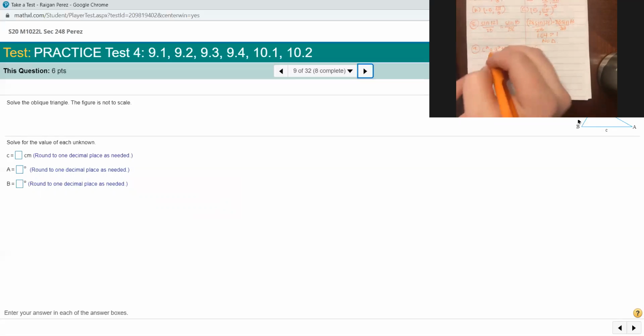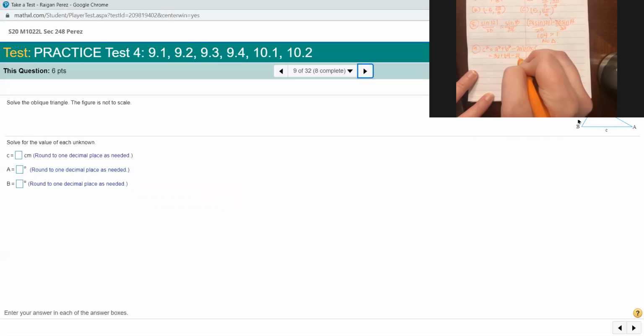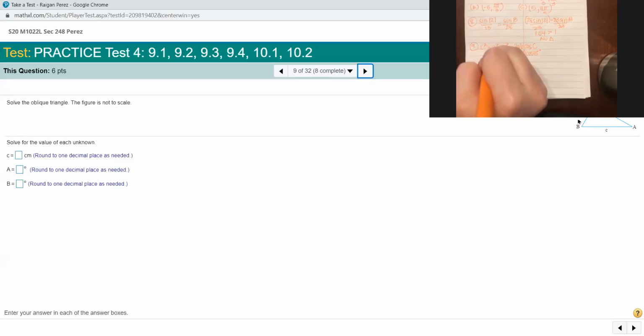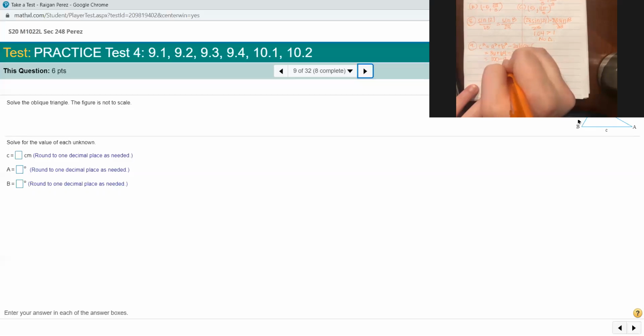I remember it right. So let's plug it in. We got 36 plus 64 minus 2 times 6 times 8 cosine of 95 degrees. So 36 plus 64 is 100 minus 2 times 6 times 8 is 96 cosine of 95 degrees.